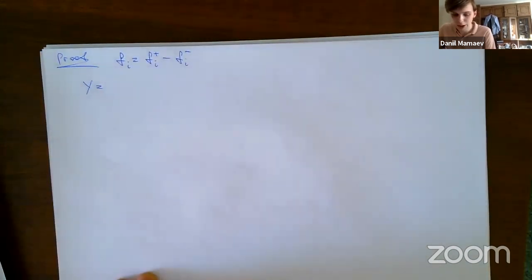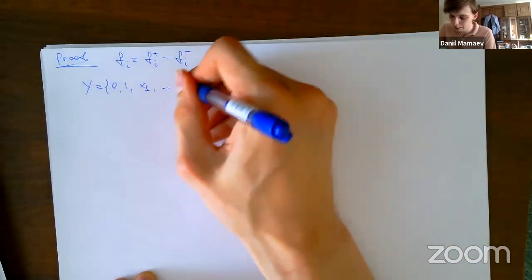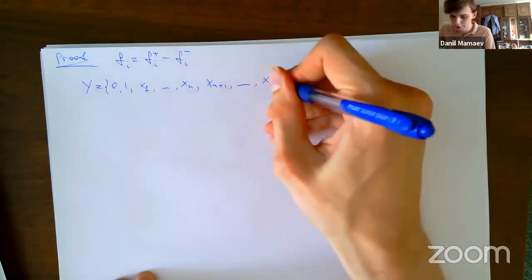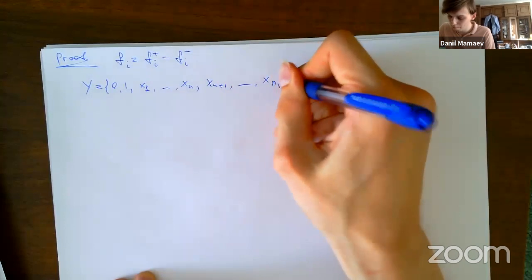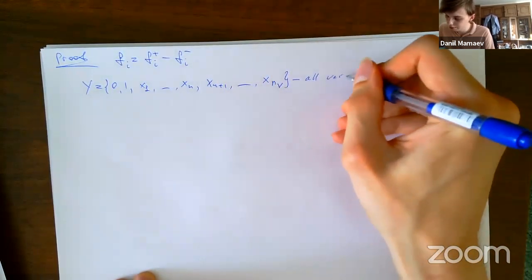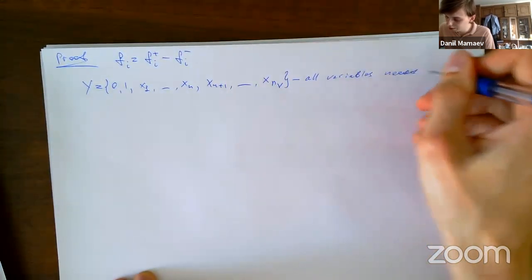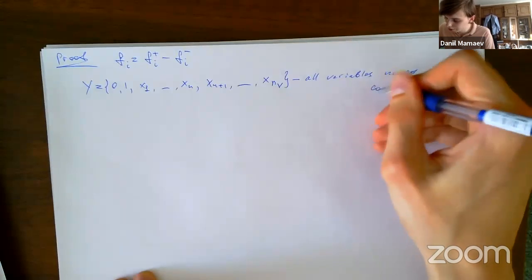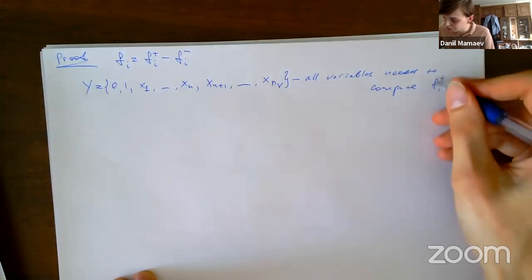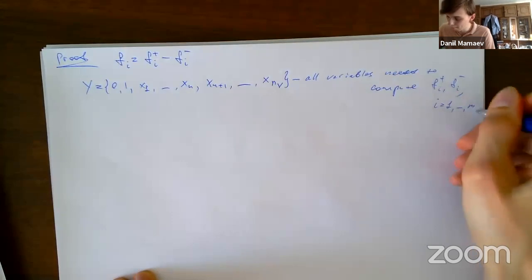With computation of these polynomials, we get some variables: we have initial value variables, and then we get a bunch of variables. These are all variables needed to compute fi plus, fi minus for all i from 1 to m.